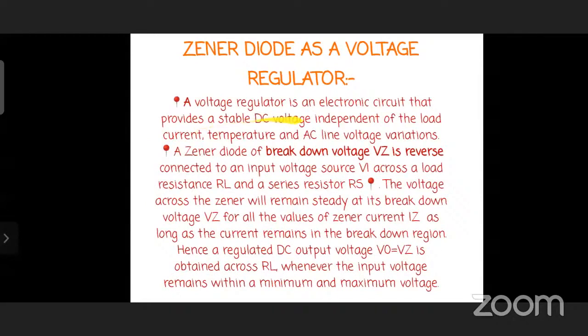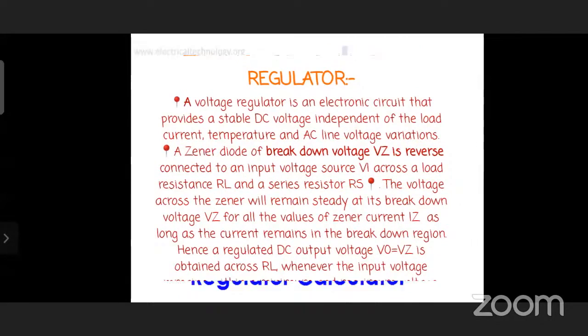Zener diode as a voltage regulator. A voltage regulator is an electronic circuit that provides a stable DC voltage independent of load current, temperature, and AC line voltage variations. A Zener diode of breakdown voltage VZ is reverse connected to input voltage source VI across load resistance RL and series resistance RS.